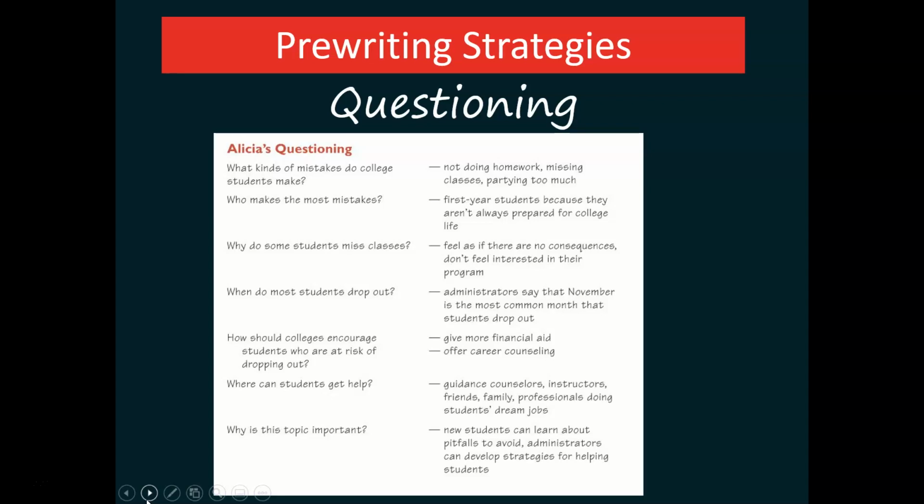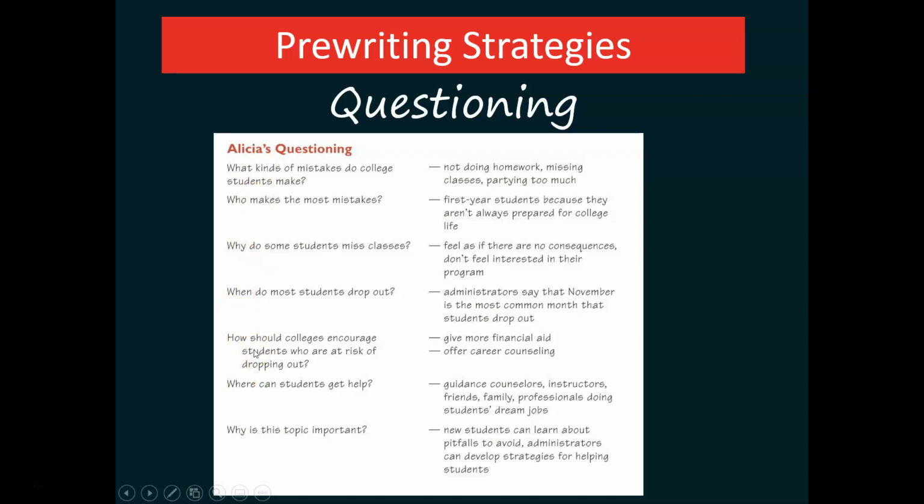Questioning is another form of pre-writing. If you're a person who sees their writing topic and feels so nervous to see an empty piece of paper, you should try the questioning strategy. For the questioning strategy, you would simply write on your paper what, who, why, when, how, and where.